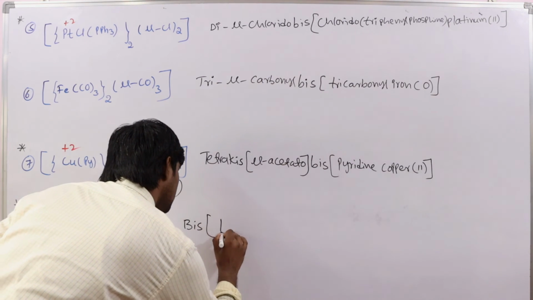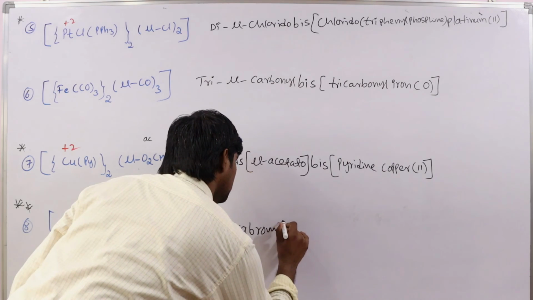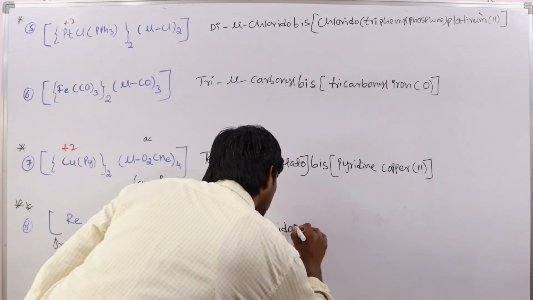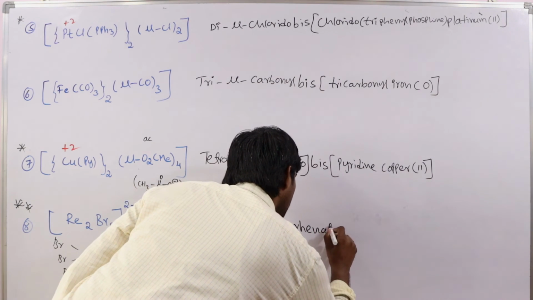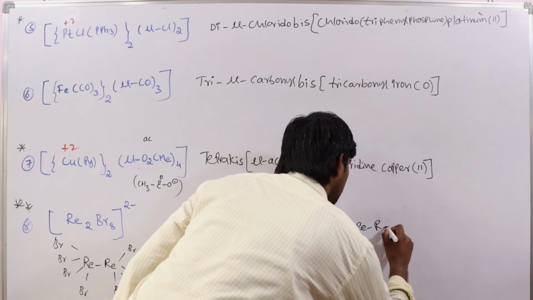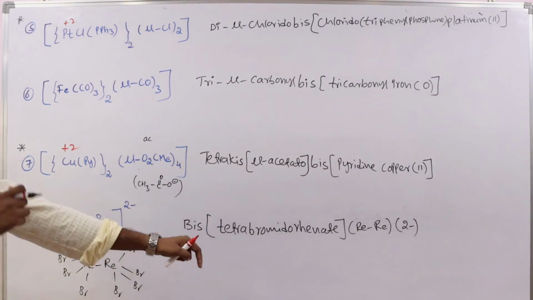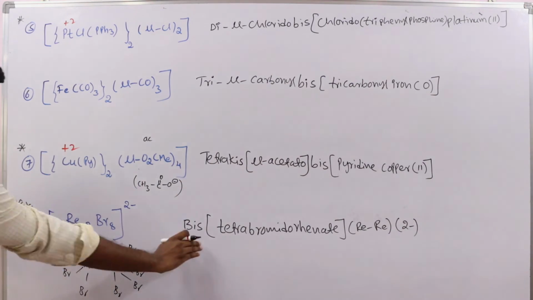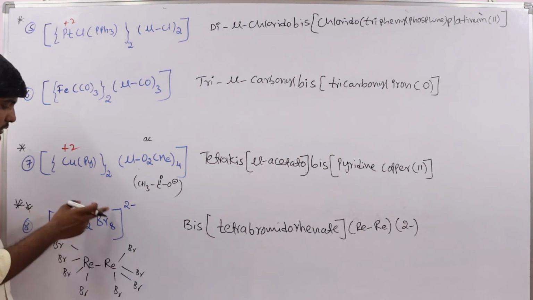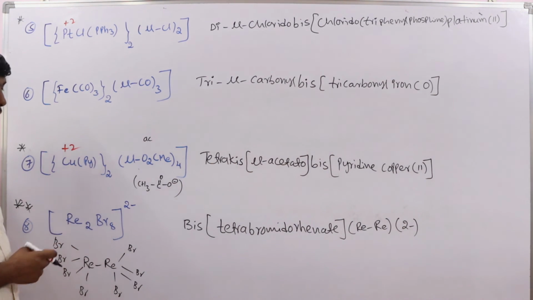So we can write bis tetrabromido renate. This is the name of this ligand, because this is a dimeric form and the monomeric form is ReBr4.